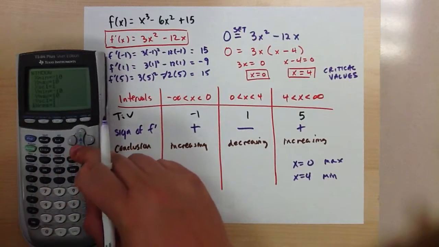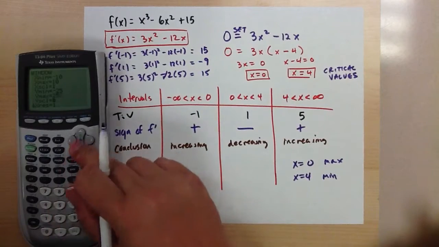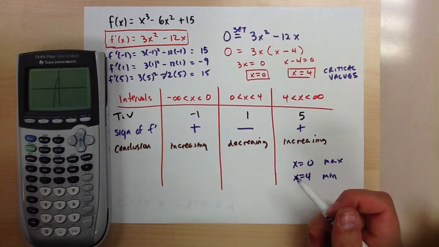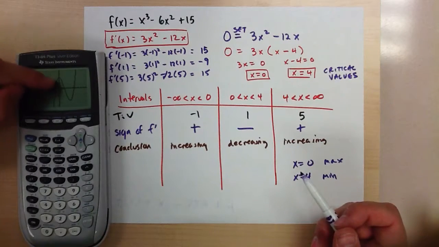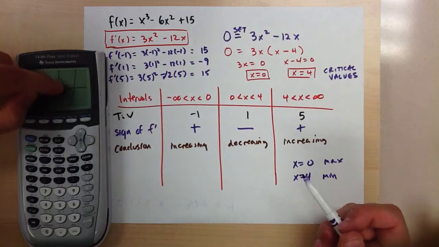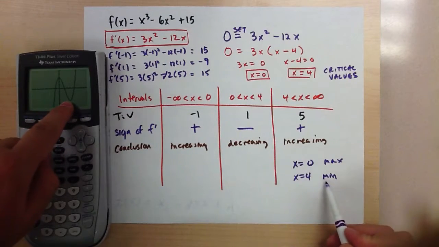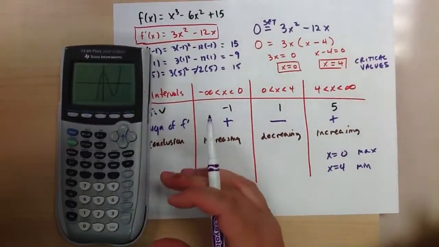Let's change our y value so you can see a little clearer. You can see the function's increasing up until x equals 0. That's a max. Decreasing from 0 to 4. Then it bottoms out. We have a minimum.